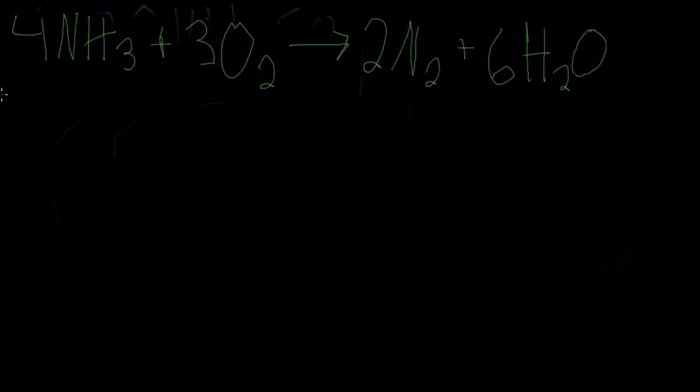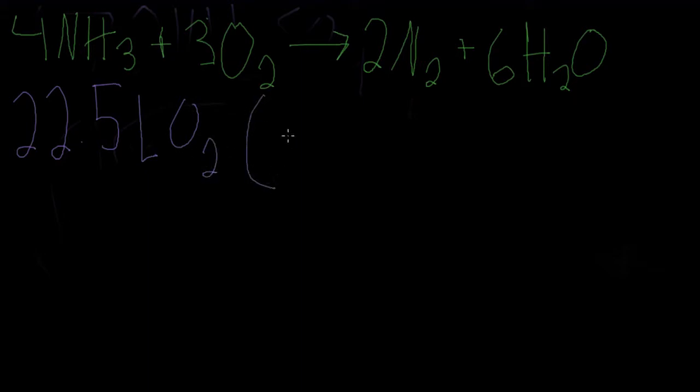For this question, we're going to be going from liters A over to liters B. So we're going to be using 22.5 liters of O2, and then we're going to be dividing that by 22.4 liters. And again, 22.4 liters is the constant for any conversions including volume in liters.